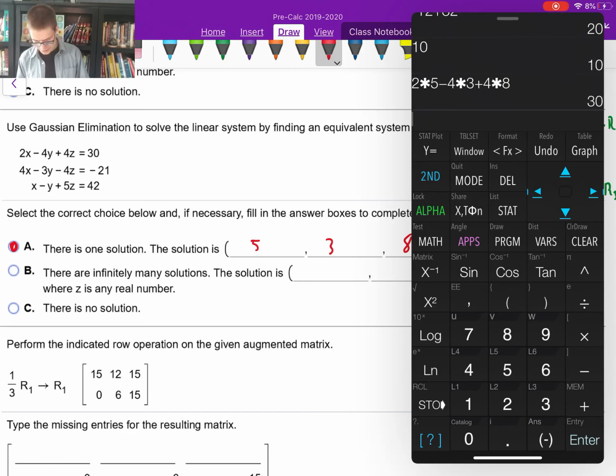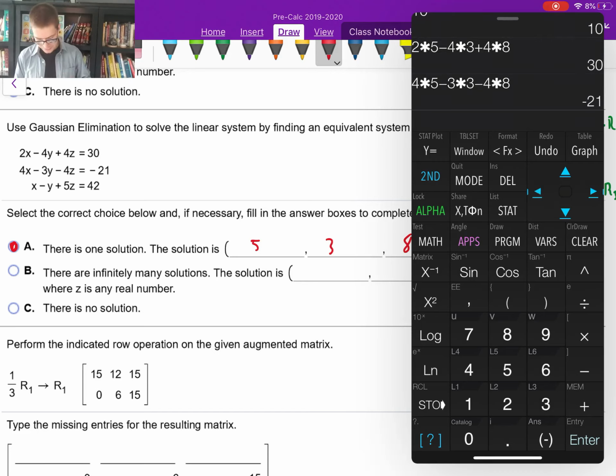That gives us 30. And then 4 times 5 minus 3 times 3 minus 4 times 8 is negative 21, which is what we need.